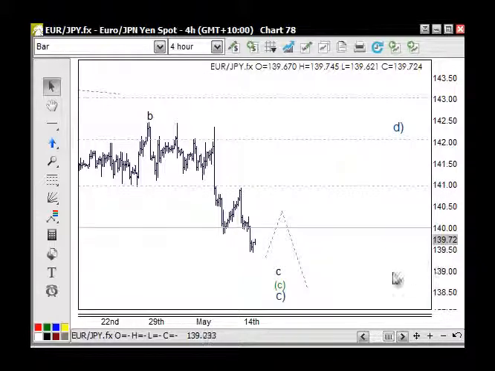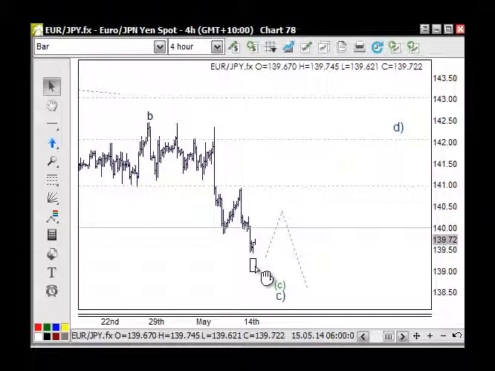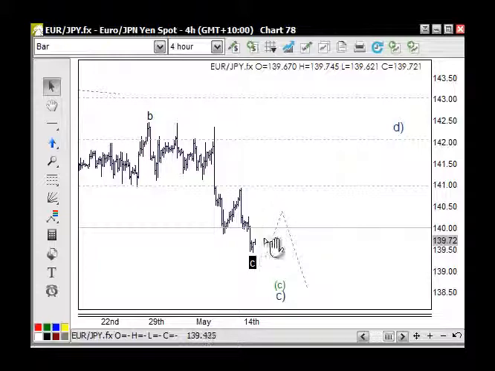Now, from this move here, coming down here, I was looking at another little move down through here, but it's possible that this wave C low can be in here, right? It could be.